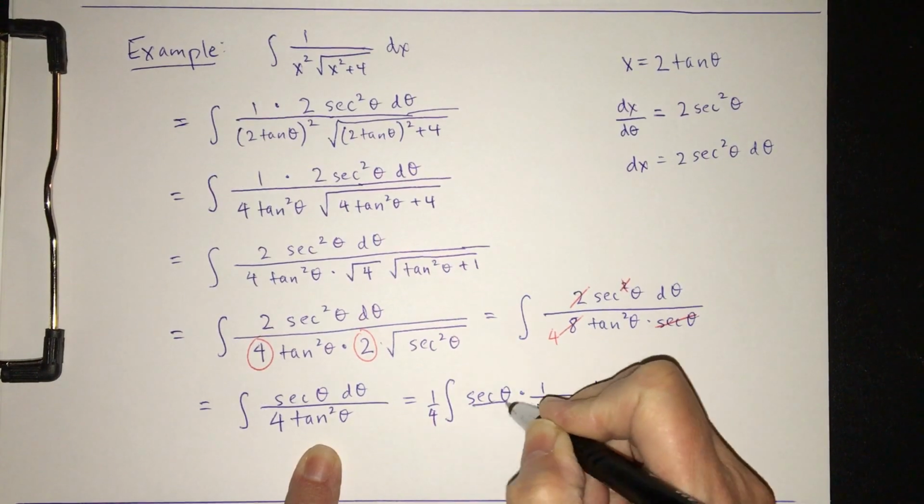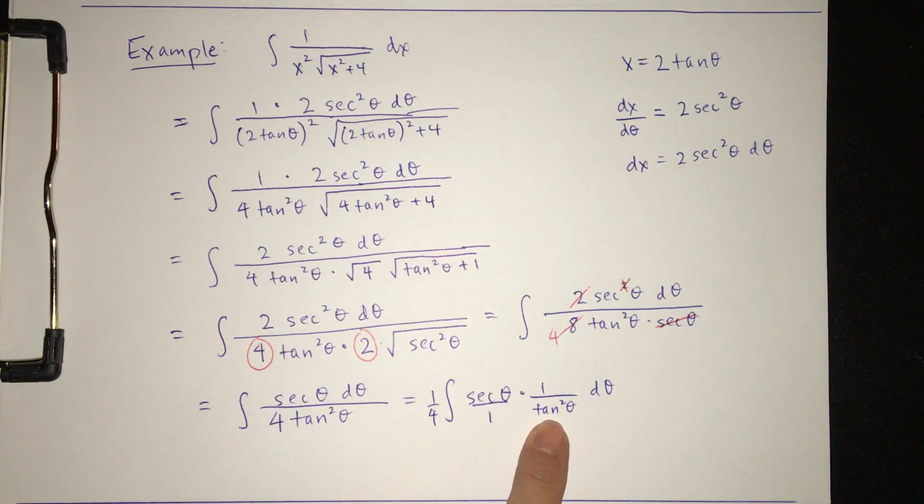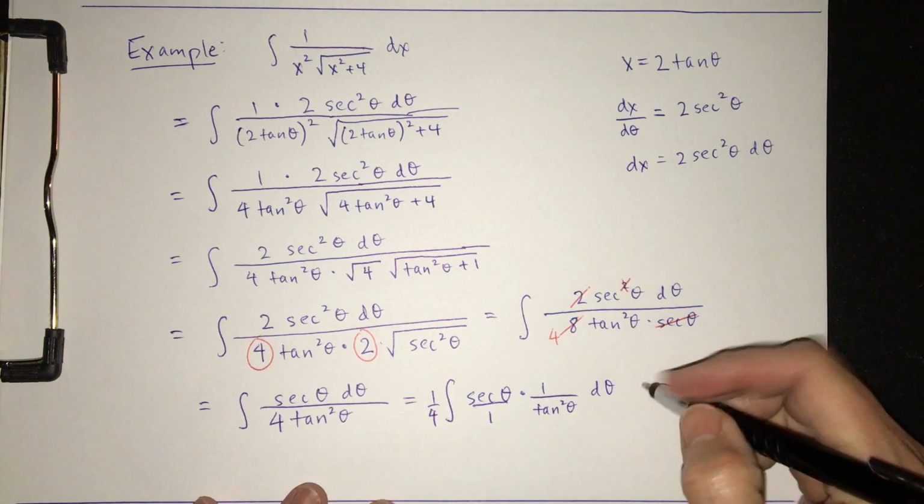Before I change it to sines and cosines, I want to make sure that I keep everything straight. So now tangent squared theta, since that's 1 over tangent squared theta, I could write that as cotangent squared theta.